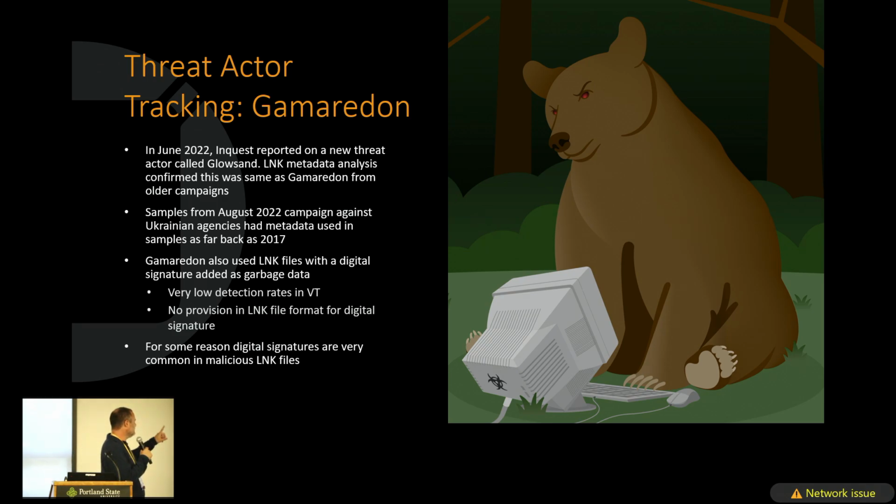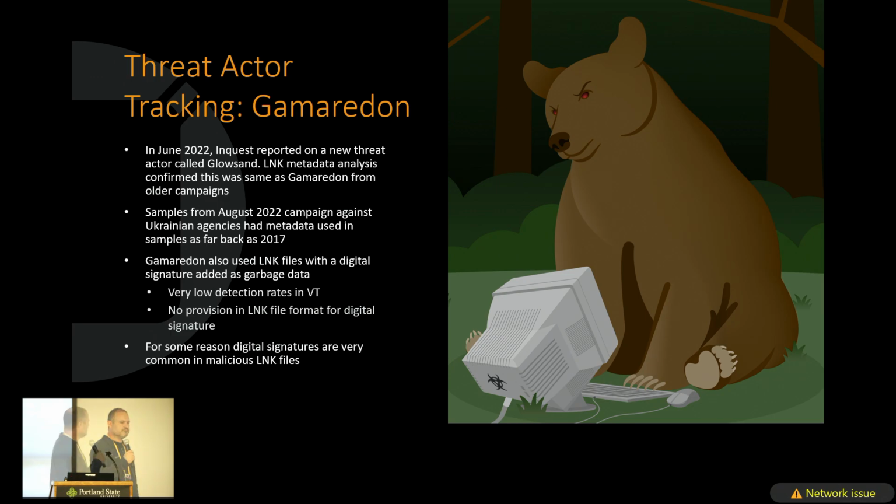Another thing I found is that there was a company in 2022 that released a report on a new actor targeting Ukraine called GlowSend. I looked at their samples, same exact serial number. So I knew that it was Gamma Radon. They were calling it by another name, but it was Gamma Radon because there was one single machine that created all these link files.